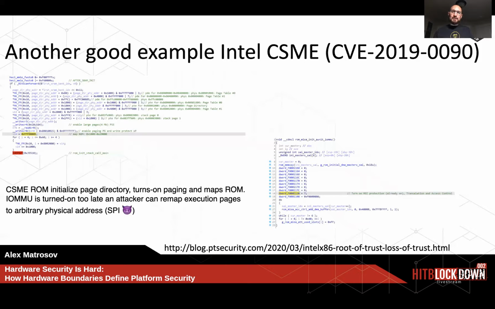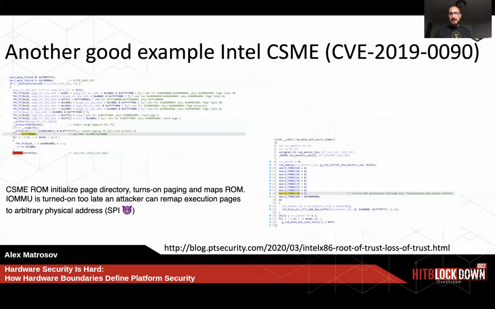Another good example is the Intel CSME issue from 2018, which basically initializes the page directory, turns on paging, and maps the ROM for CSME. It's a small piece of code which is immutable and unpatchable in case of issues.